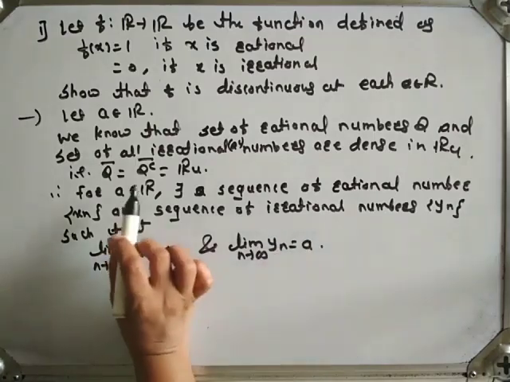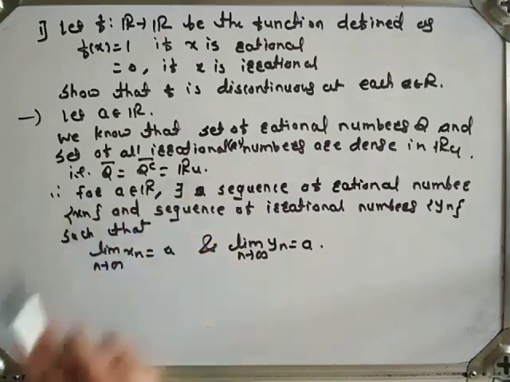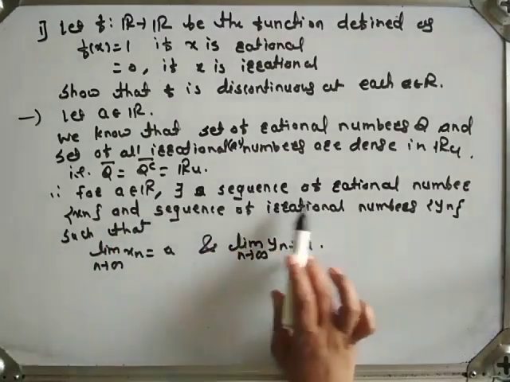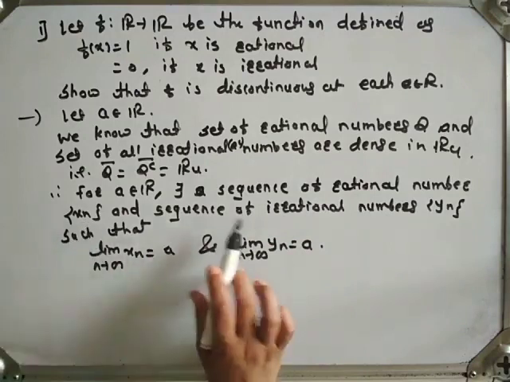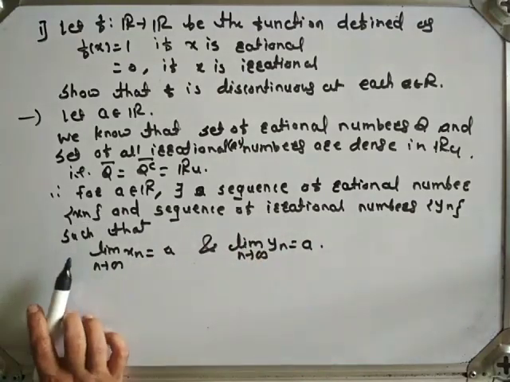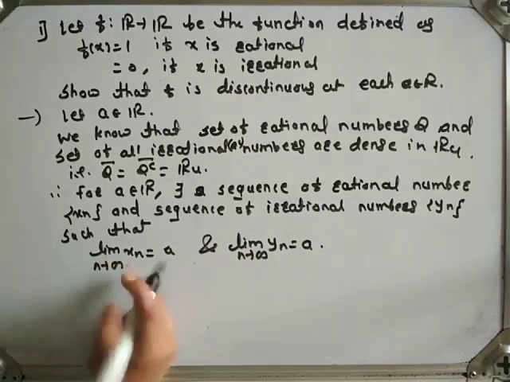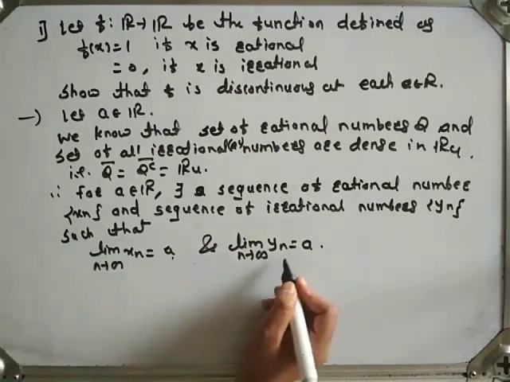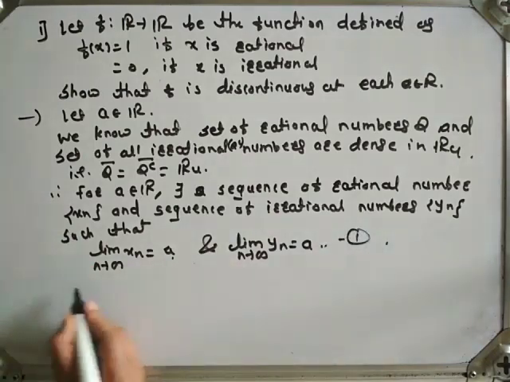Why is this? Because the sets of rational and irrational numbers are dense in R. That's why there exist a sequence of rational numbers xn and a sequence of irrational numbers yn such that xn converges to a and yn also converges to a. Call this equation number 1.